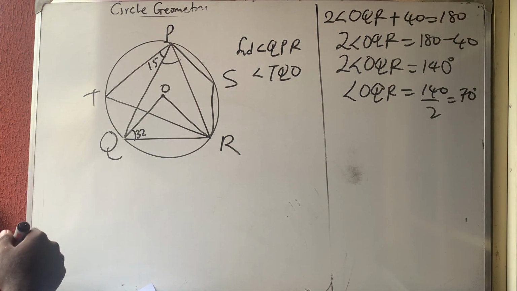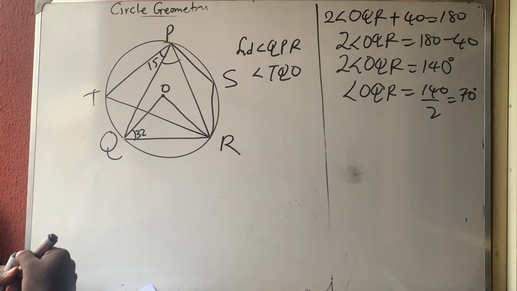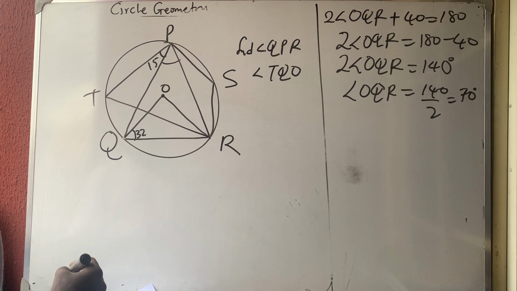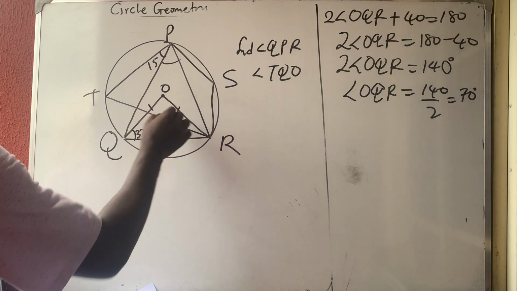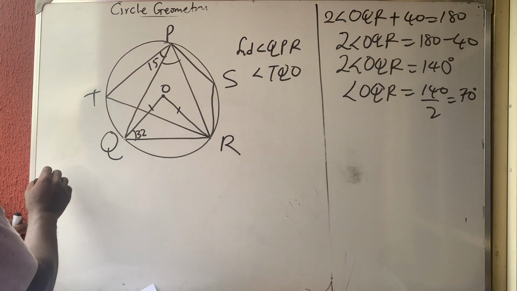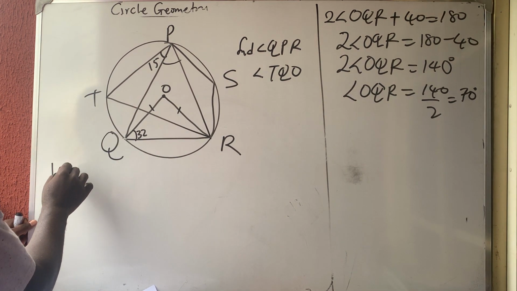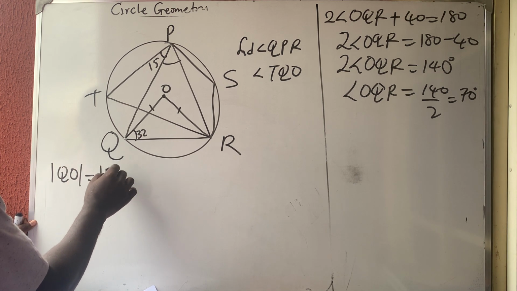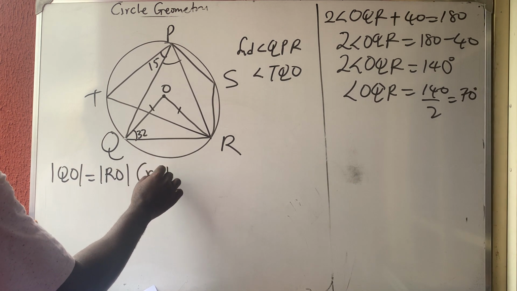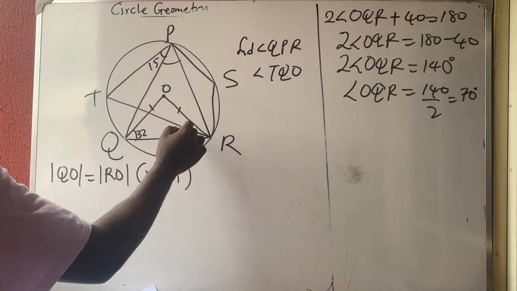Getting there is very, very simple, because we know that here is equal to here. They are radii. So we tell them that line QO is equal to line RO. So my reason is radii. And if they are equal, their base angles must be equal.